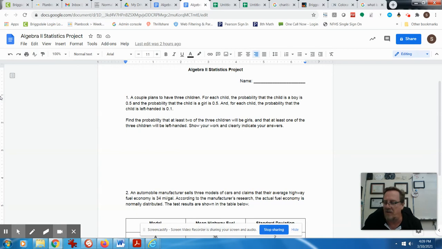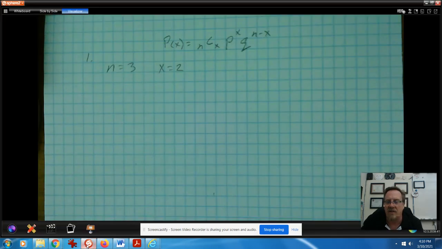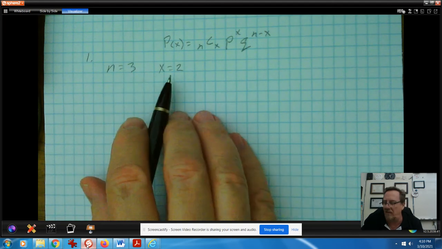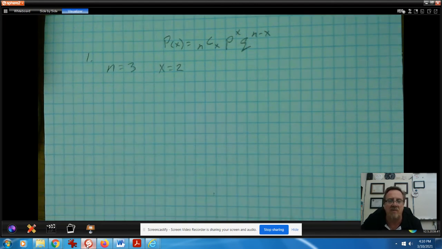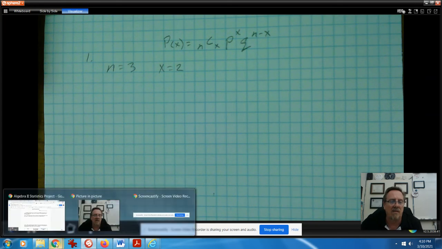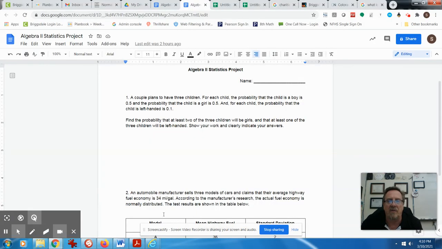So let's look at the case where there's 2. That would mean X is equal to 2. So my N is equal to 3 and my X is equal to 2. We have 3 kids. We're wanting 2 of them to be girls. And let's look at our probabilities real quick.